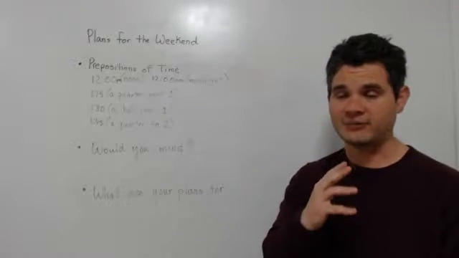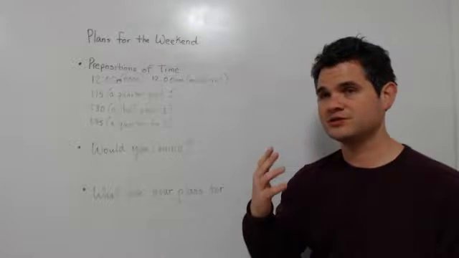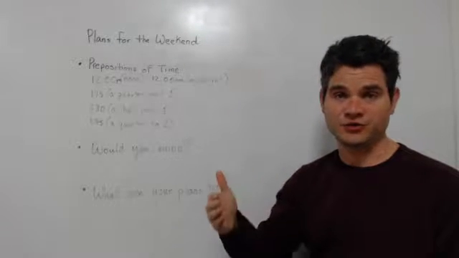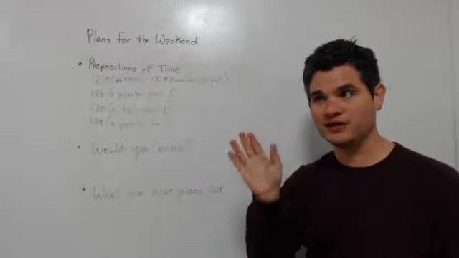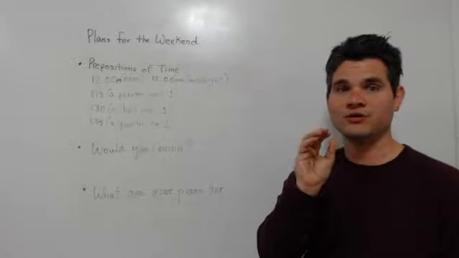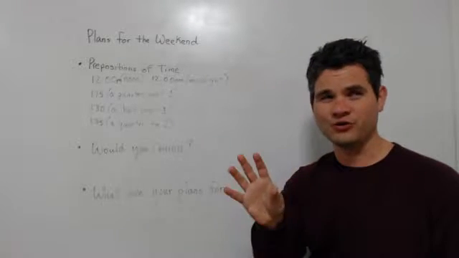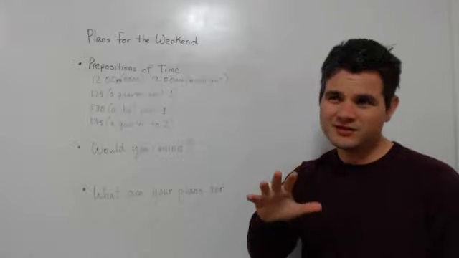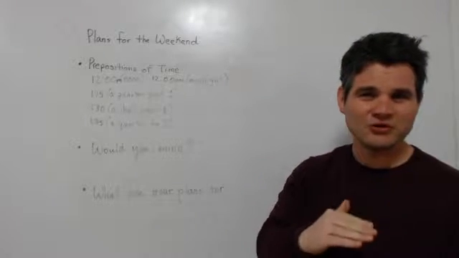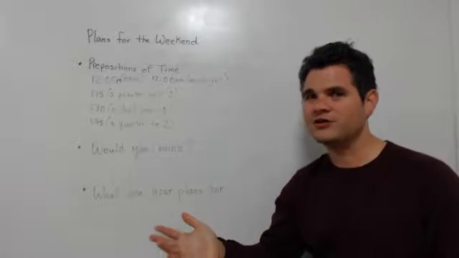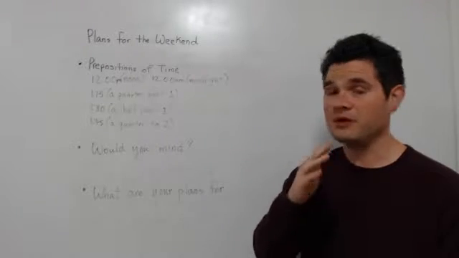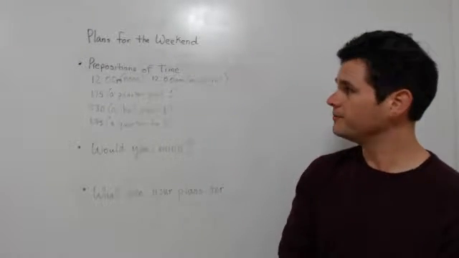Or they can say, "We'll meet at McDonald's at noon." If you're using at noon, then it's exactly at noon. If you're using around noon, then it's maybe a little before noon, maybe a little after noon, or maybe right at noon.